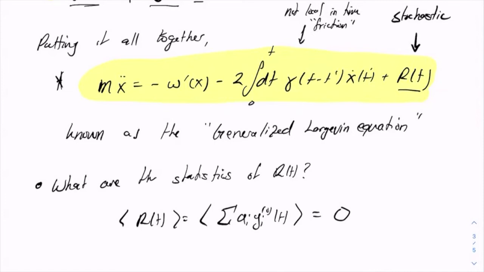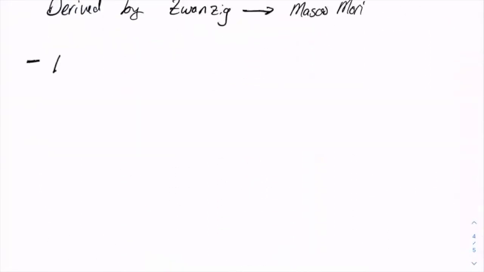So one thing one would like to do is to return the time locality of this equation to get rid of that convolution under the time integral. So rewriting that here.